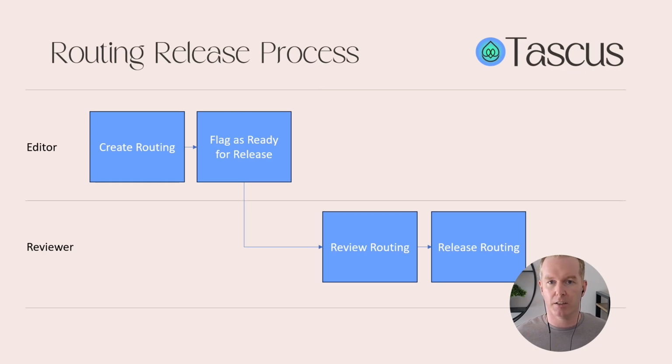It's actually a lock that can be reverted, but doing a release or a lock of it just means that an editor can't come along and change the sequence that runs for a manufacturing process. So similar thing, the editor creates a routing, flags it as ready for release. Someone then with reviewer permissions can take a look at it, review it, and they can then release a routing that means it can't be changed.